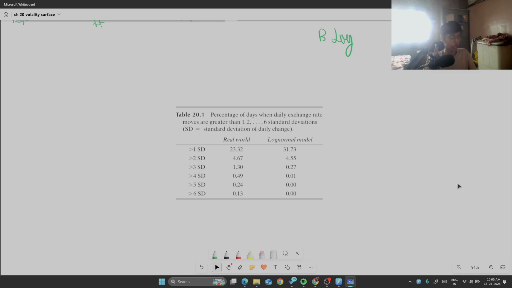So the survey showed that for one standard deviation, the log normal model shows more than the real world because of the peaked probability. There is a peak probability, you can understand that.